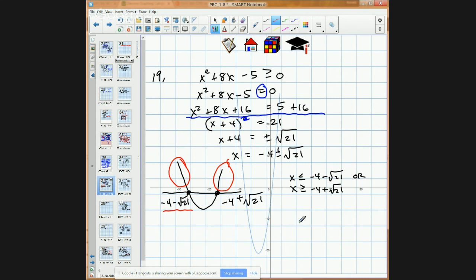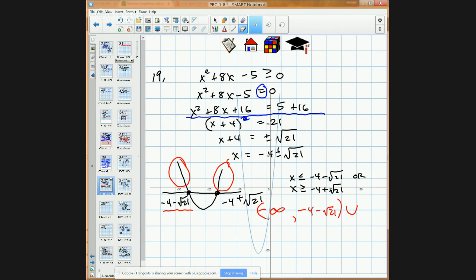So how would that be in interval notation? In interval notation, you would write negative 4 minus the square root of 21, and it goes on forever to the left of that, united with, oh, I put the wrong bracket, sorry.